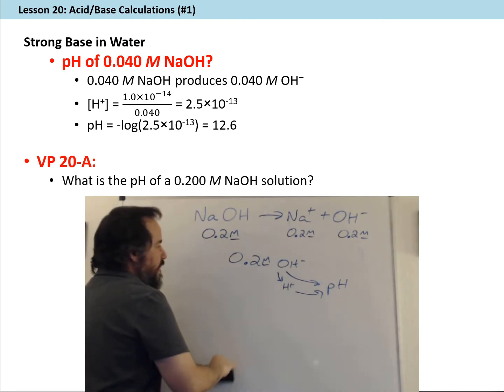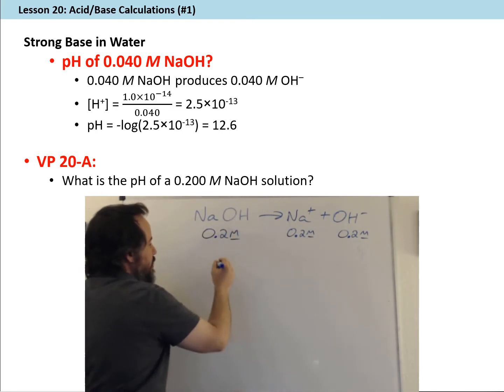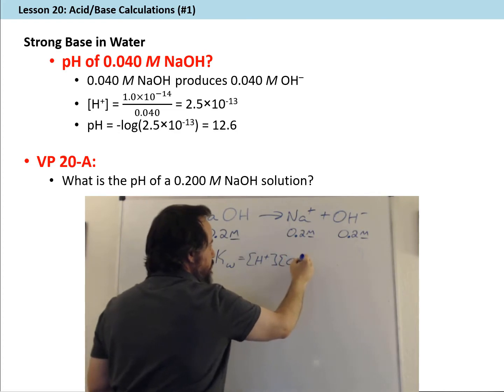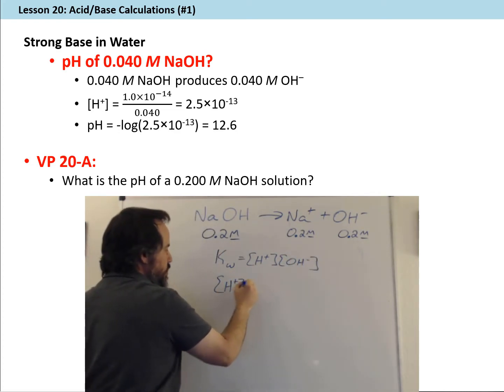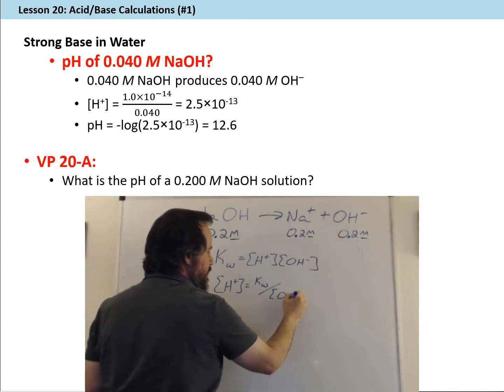All right, so if it's 0.2 molar OH-, I can use the fact that Kw equals H+ times OH-. And therefore, H+ equals Kw over OH-.